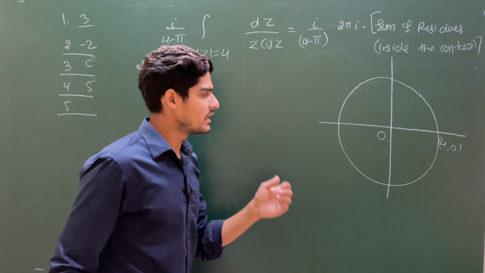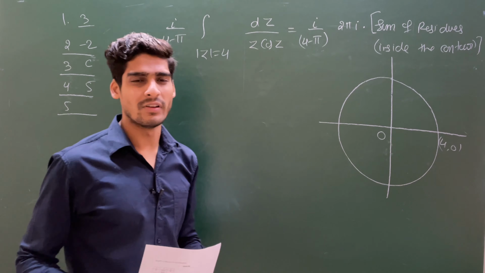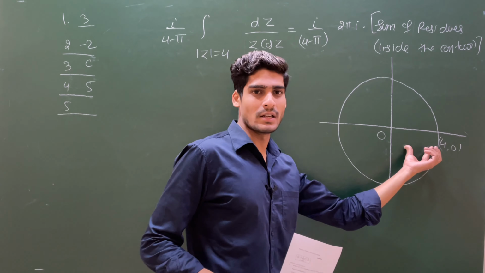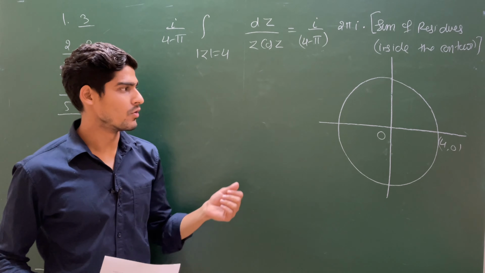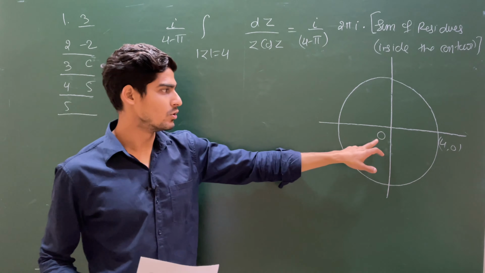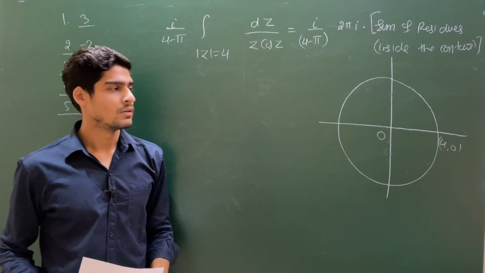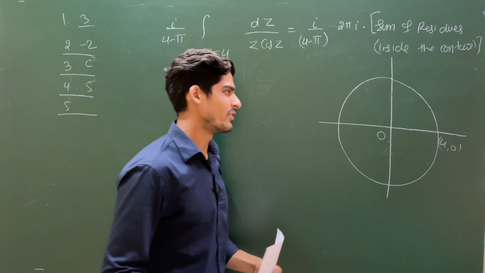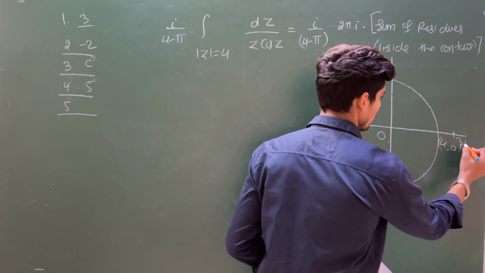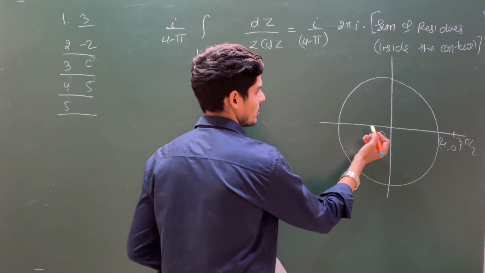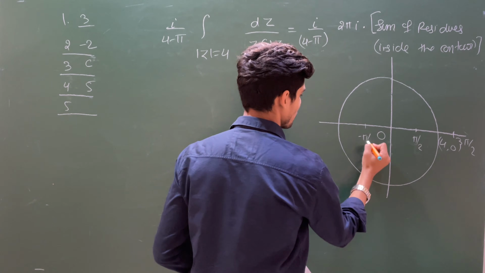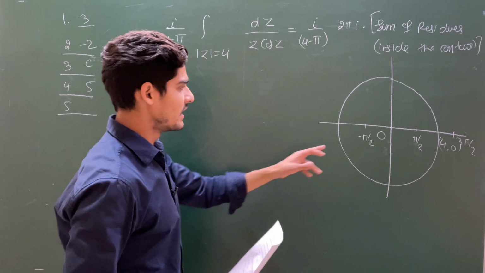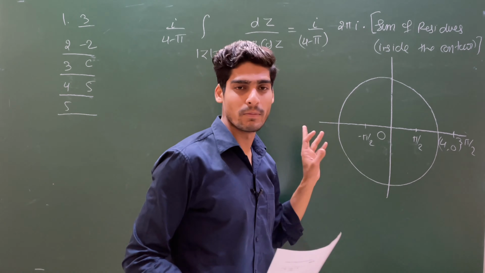But will the 3 pi by 2 point lie inside the circle? No, because the distance from 0 to 3 pi by 2 is more than 4. So that point will be outside. So you will use 0, pi by 2 and minus pi by 2. You need residues at point 0, at point pi by 2, at point minus pi by 2.